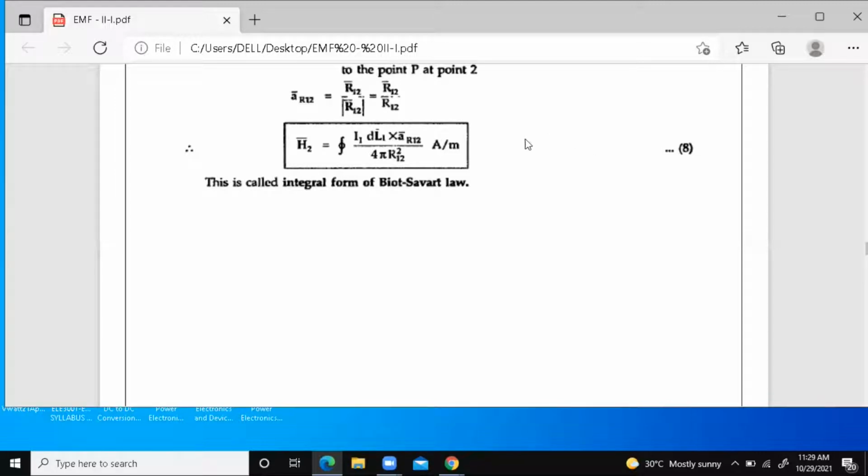So we have an ideal line representing your wire.